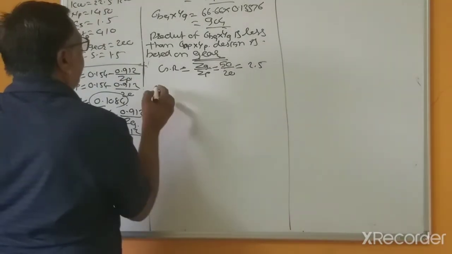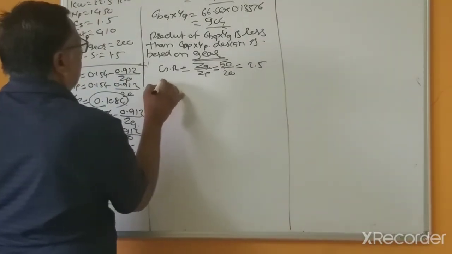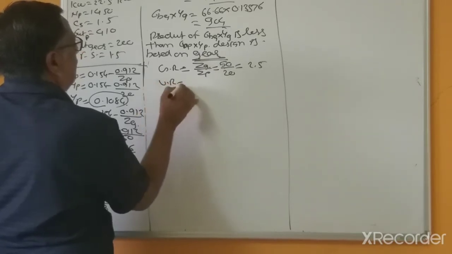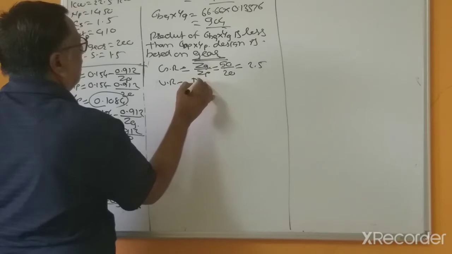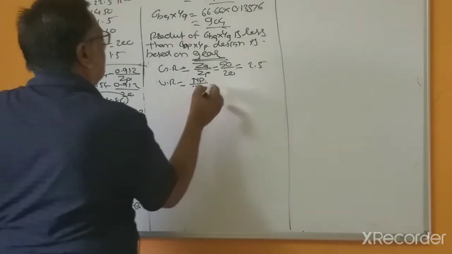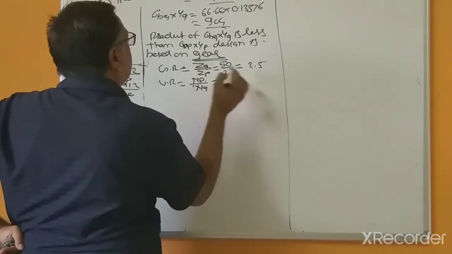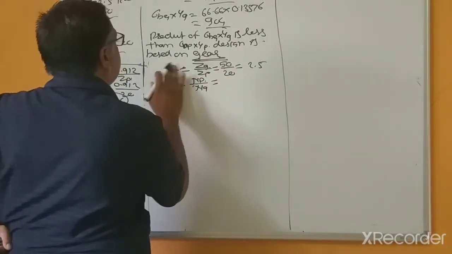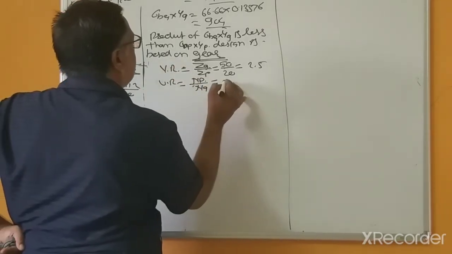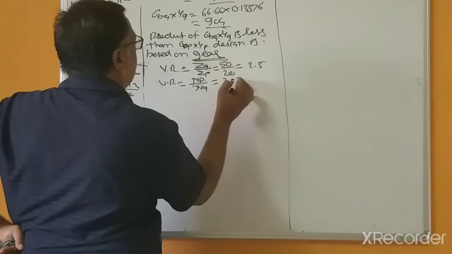So that's why velocity ratio equal to NP divided by NG, because this is velocity ratio. So this is 2.5.